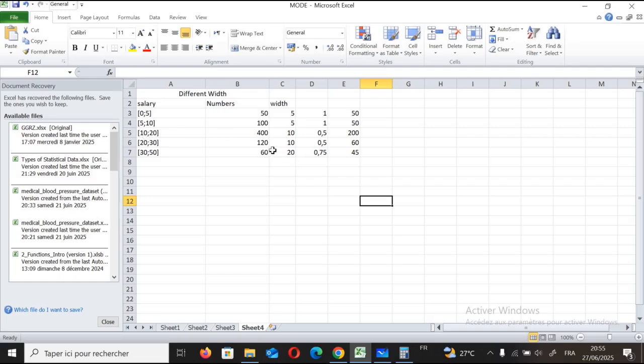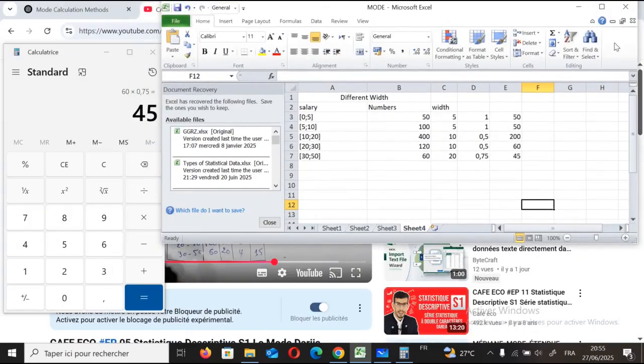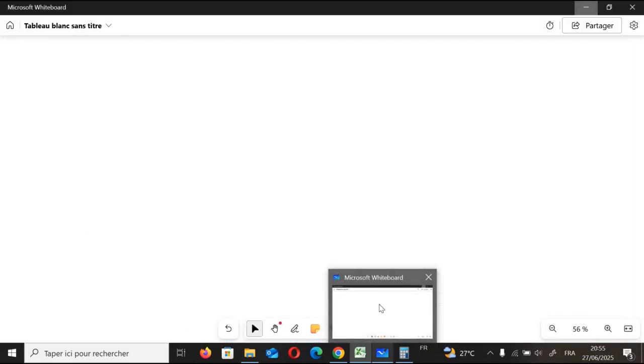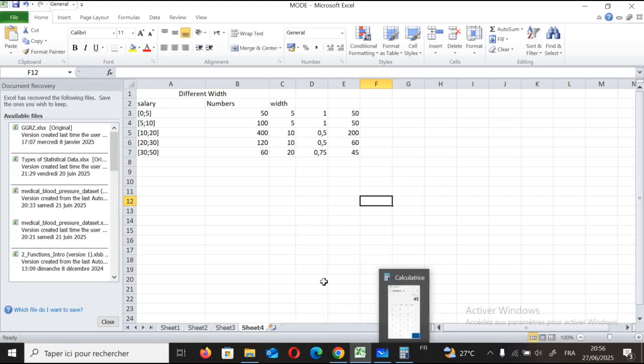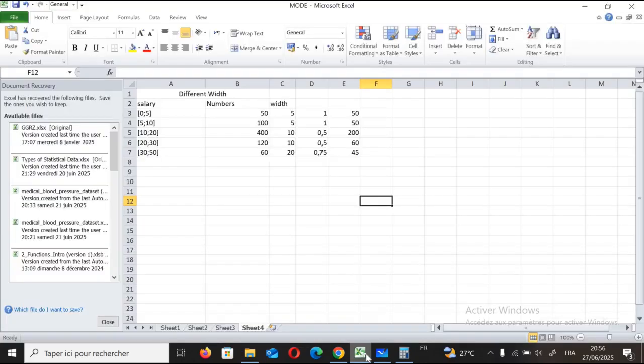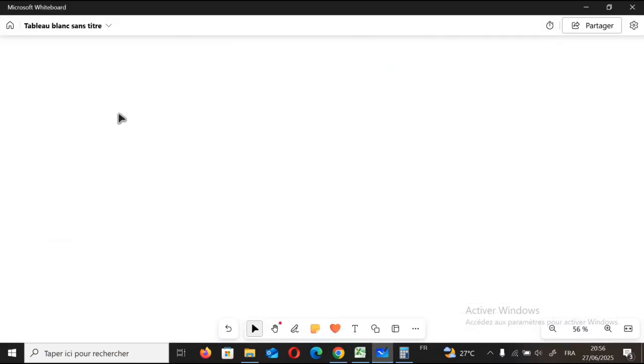Now we're going to put the formula together in this case. The lower boundary of the modal class is 10. Let's calculate the mode.